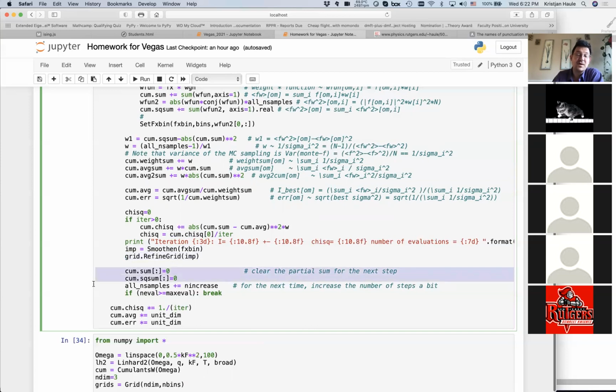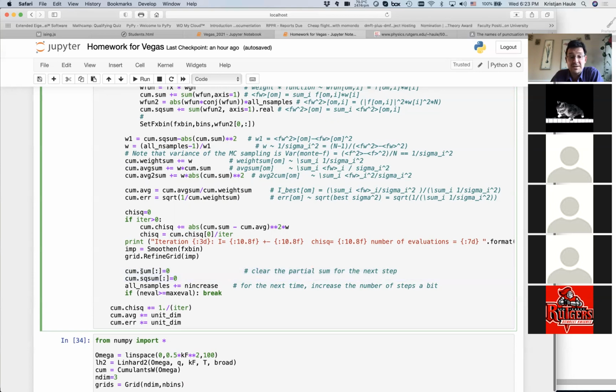And well, there is one more little point here. These two lines are different, because before we set cum sum equal to 0 when we reset the partial sum, but now we need to reset the array to 0, not the value to 0.